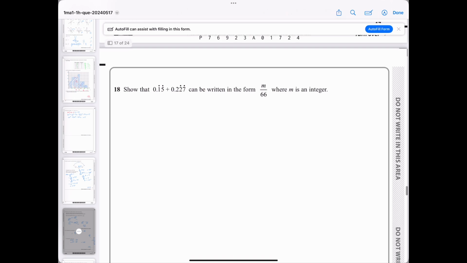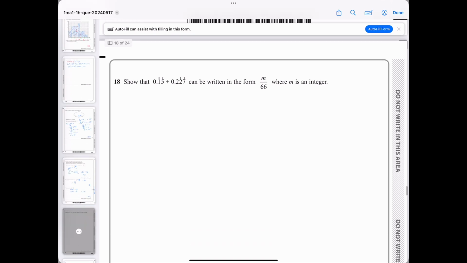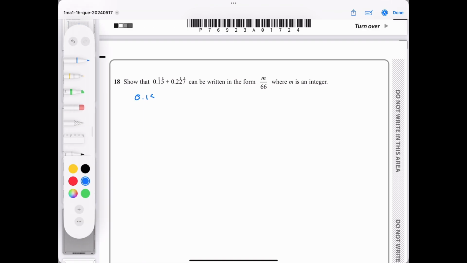Now, oh good lord, show that 0.15151515 plus 0.227272727 can be written in the form m over 66, where m is an integer. So what I'm going to do is find 0.151515 as a fraction first.